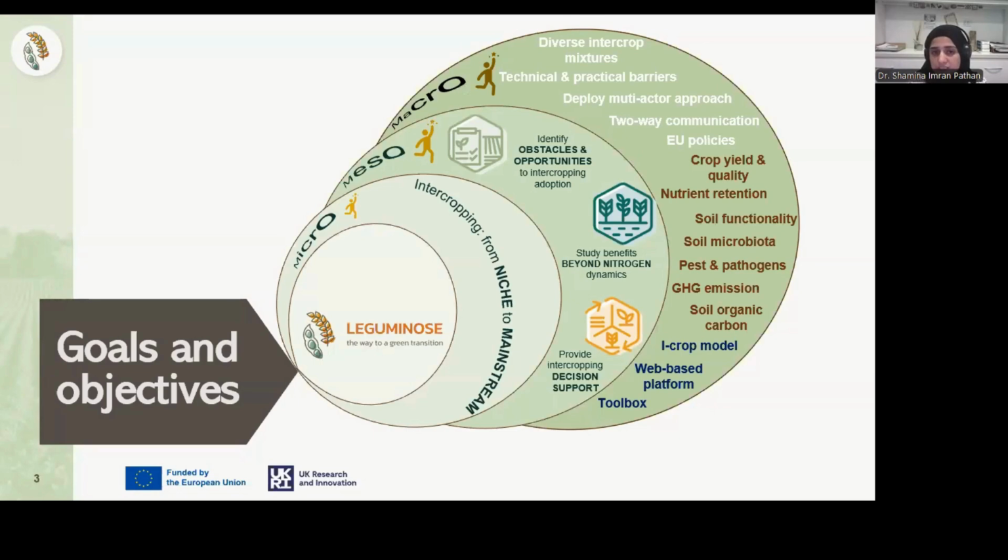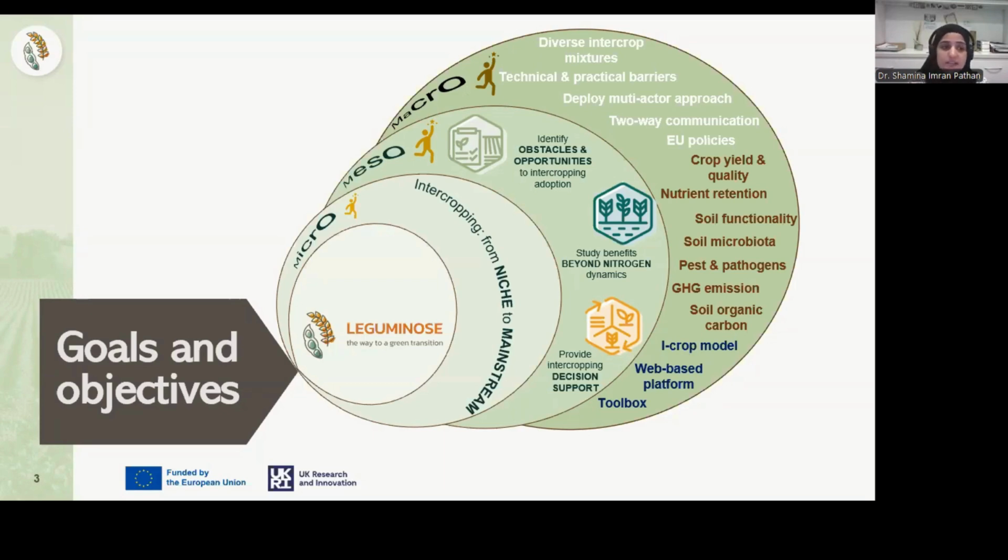And not just this, but we also have partners outside of Europe, in North Africa and also in Asia. So there is two-way communication with other parts of the world.